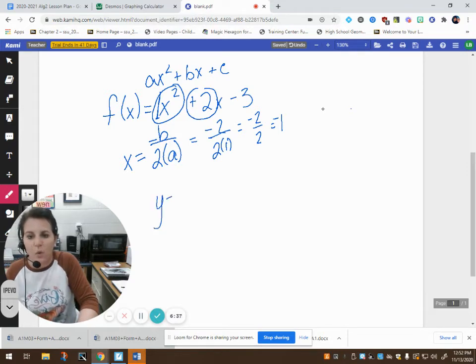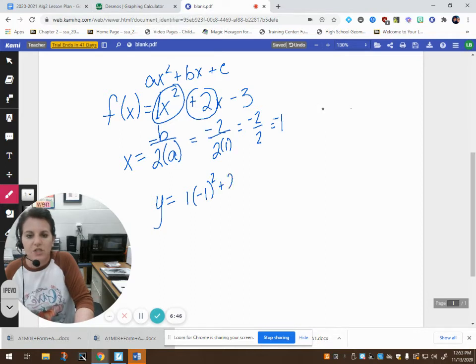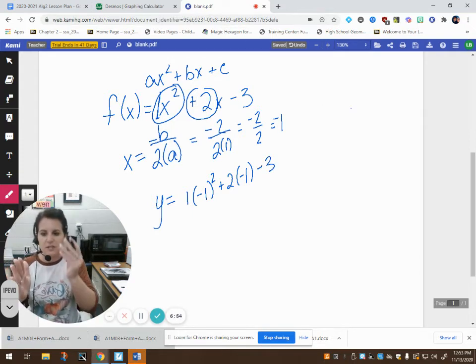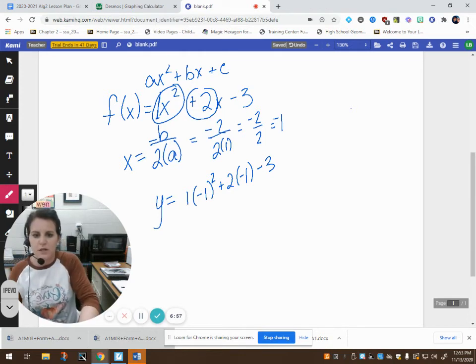So now to find the y-coordinate, I'm going to take this x value and plug it in. So I have 1 times the x value, negative 1 squared, plus 2 times my x value of negative 1, take away 3. So negative 1 squared is 1, because negative times a negative makes it a positive 1. So I have positive 1. 2 times negative 1 is negative 2.